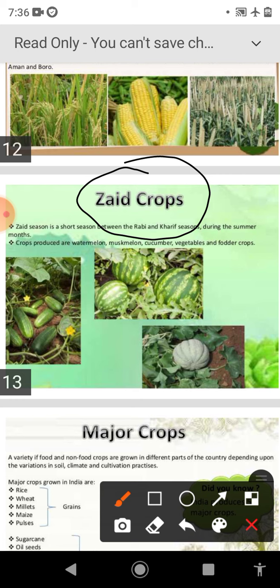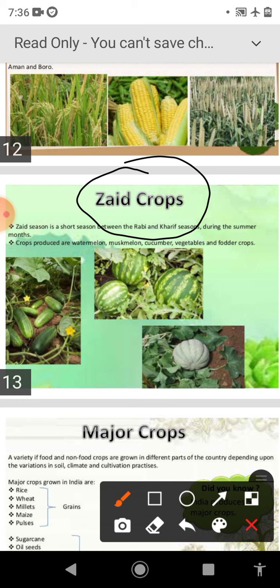In addition to the cropping seasons, dryland and wetland farming is another characteristic of India's cropping pattern. In dryland farming, emphasis is on conservation of moisture and dry crops such as jowar, bajra, and pulses are grown. Only one crop is grown during a year.